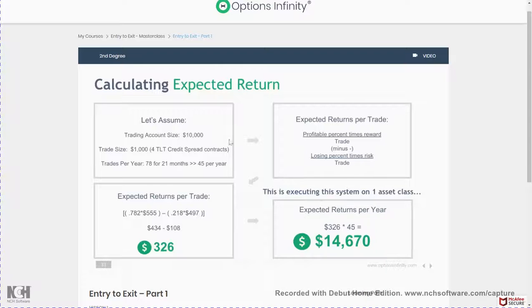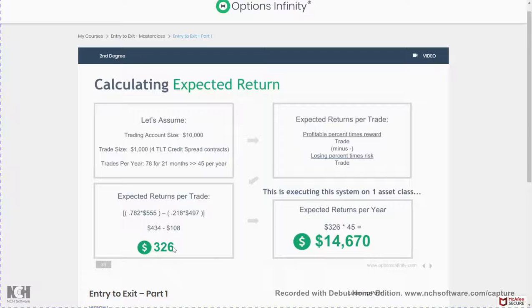Using this expected return calculation, first of all, you need to be trading long enough to have statistically sound data. Once you have that data, you can plug it into these equations, and what you want is a positive expectation trading strategy.